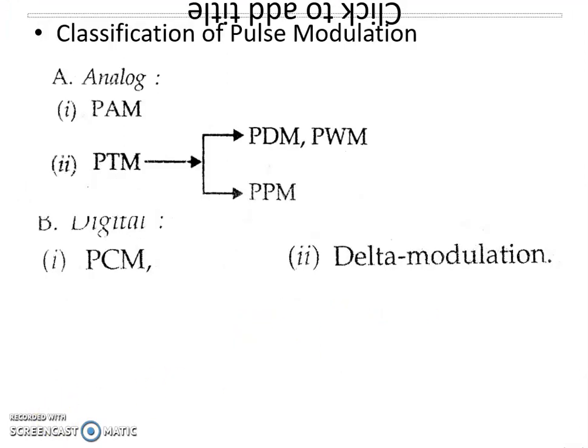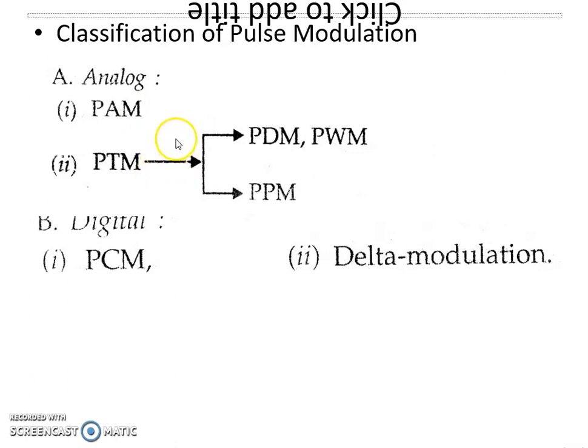Now let us see the classification of pulse modulation. Pulse modulation technique is classified into two types: analog pulse modulation and digital pulse modulation. Again, analog pulse modulation is divided into two types, PAM and PTM. PAM is pulse amplitude modulation, where the amplitude of the pulse is varied.